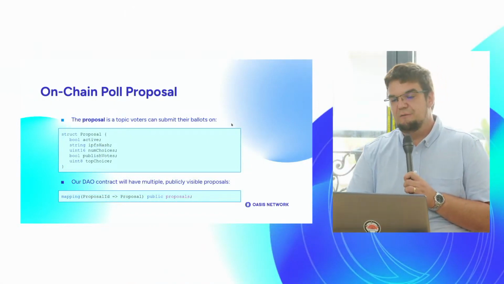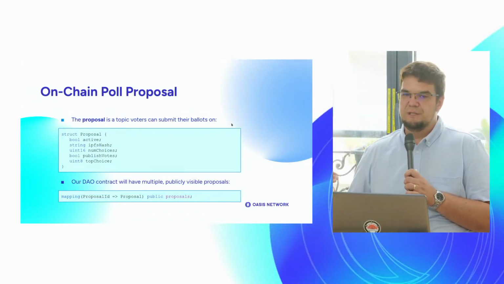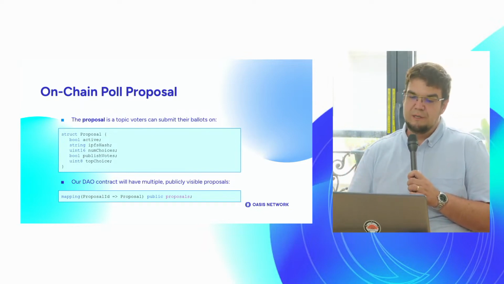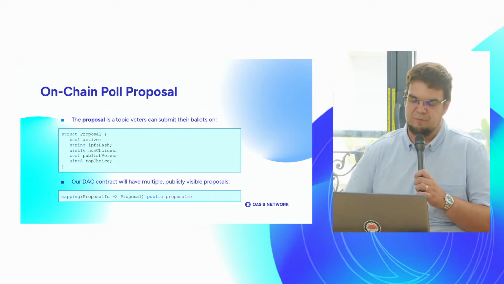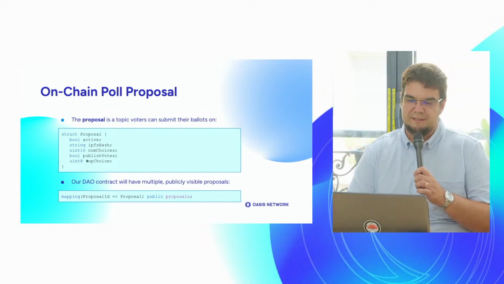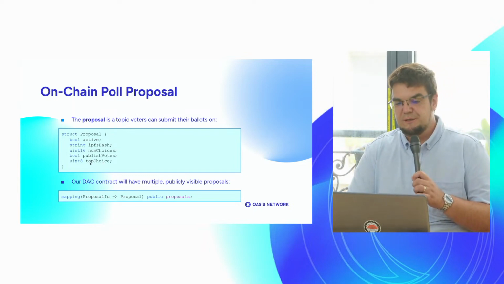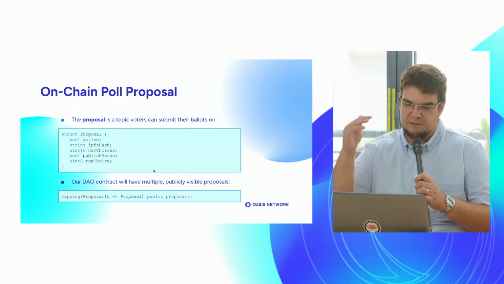Snapshot has this feature of showing which account voted for which option, and we added it here so we can also support it. But in real elections for the mayor or presidential elections, this Boolean should just be ignored. And then once the proposal is closed, there's this top choice, which means which option won.